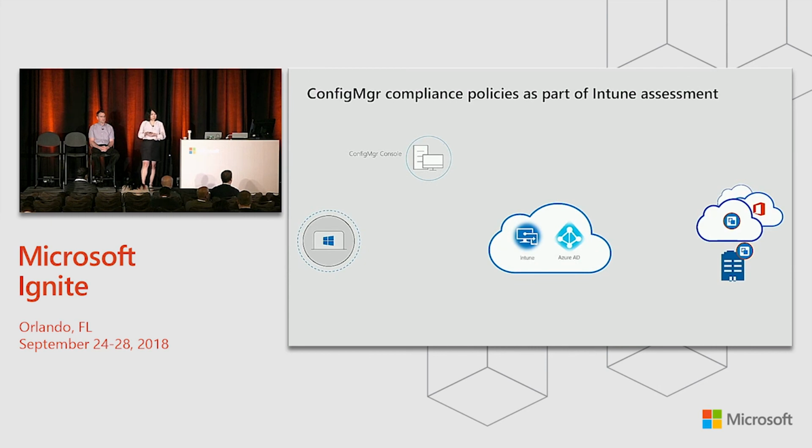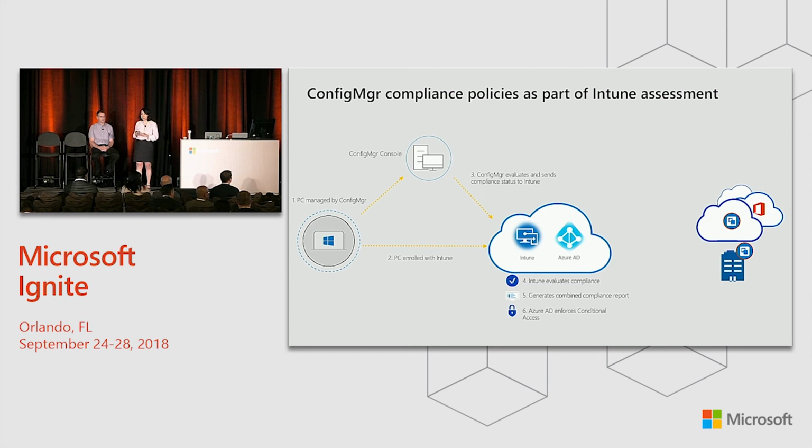So from the diagram, this is a high-level workflow. The first two steps are basically just get your machine co-managed, and then ConfigMgr evaluates the status and sends it to Intune. And then Intune does its own evaluation based on the rules that it's seen, and then generates this combined report and sends it to AAD.